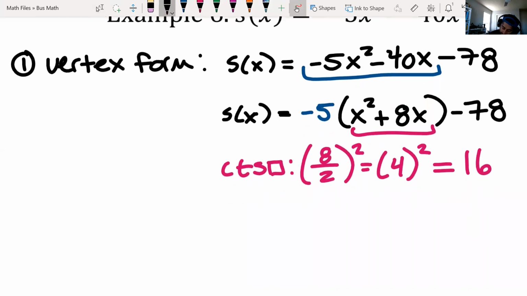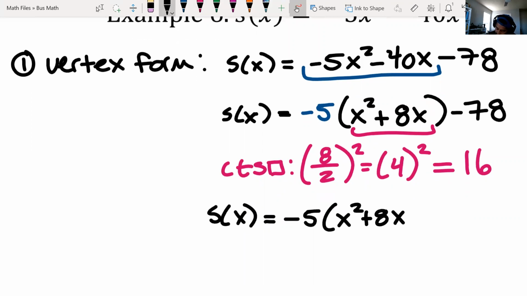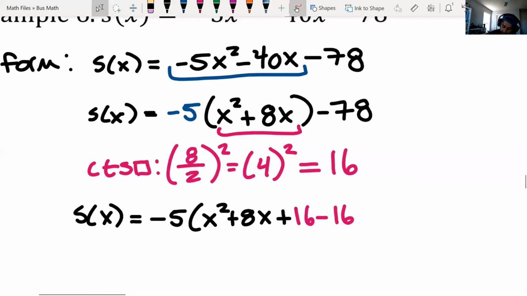Okay. And then you're going to get s of x equals -5 times x squared plus 8x plus 16 minus 16 minus 78. So we add and subtract it inside the parentheses.